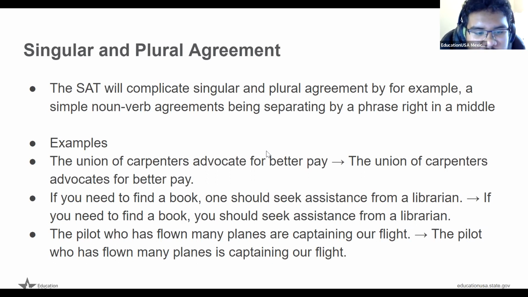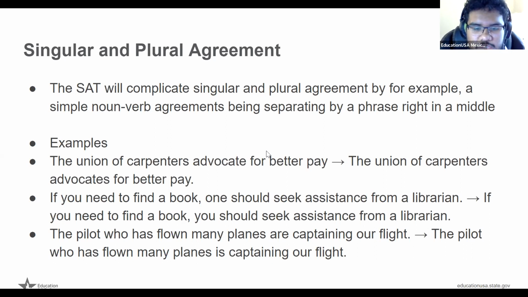But here, the modifying clause, which modifies the pilot, is a lot larger, so it's easier to see why it may not flow correctly. The pilot is still the singular subject here, but he's being described a little more with the clause starting with who, saying who has flown many planes.